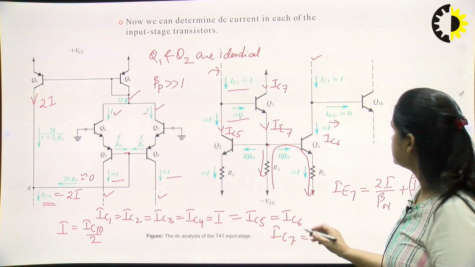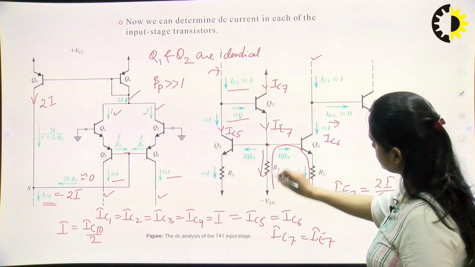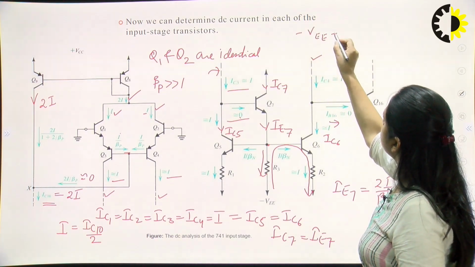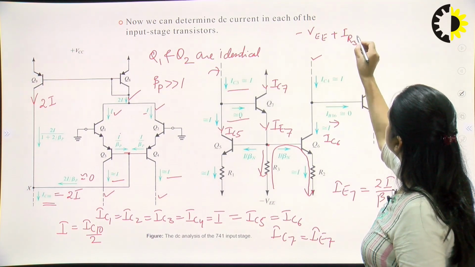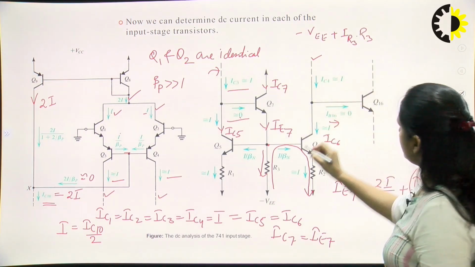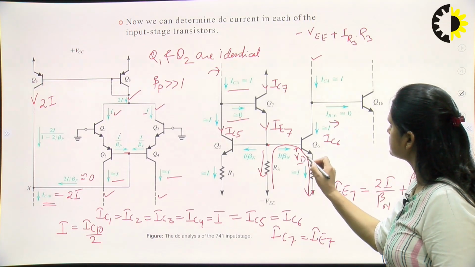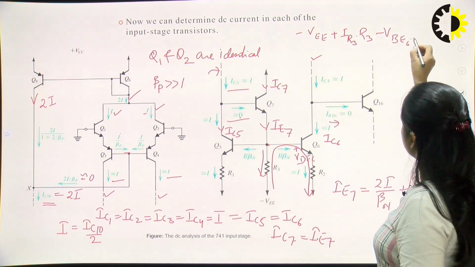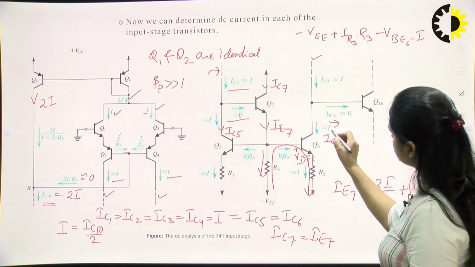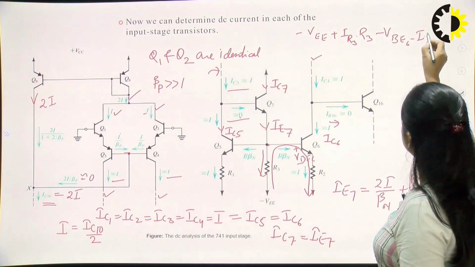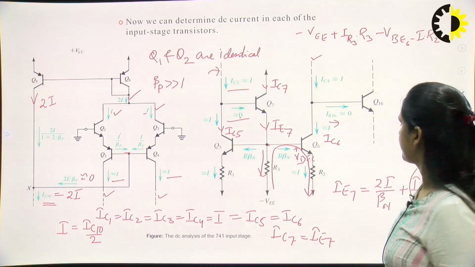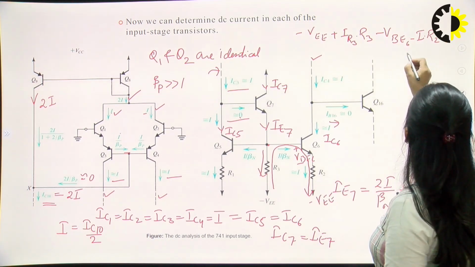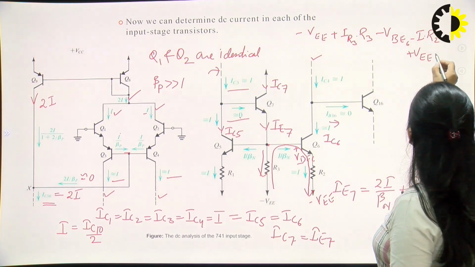If I write the equation for this loop, you can write: minus VEE plus IR3 into R3, minus VBE6, minus this current capital I into R2, plus VEE, equals 0.